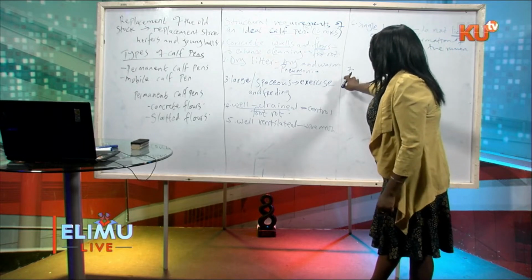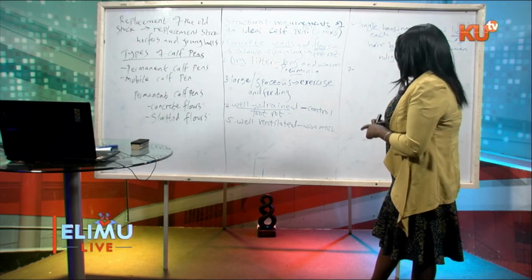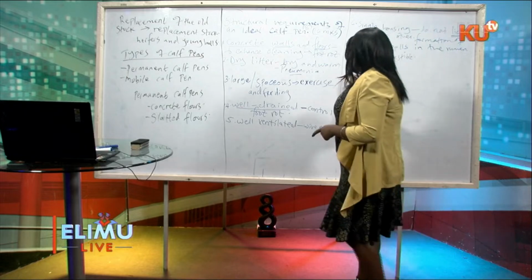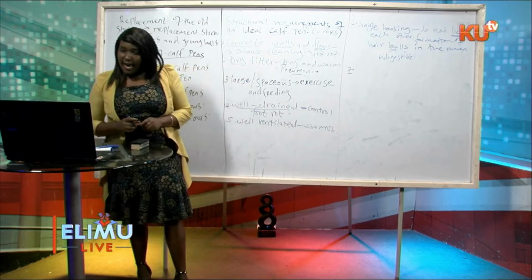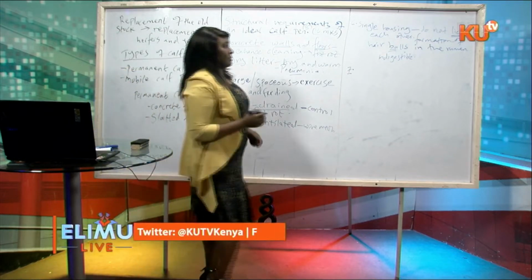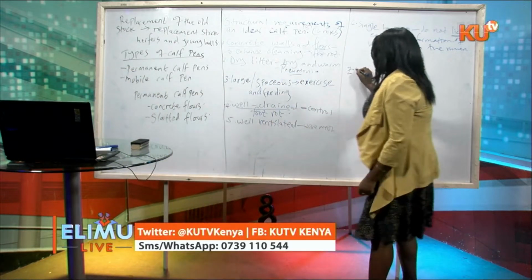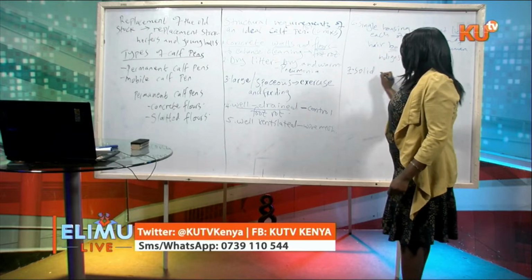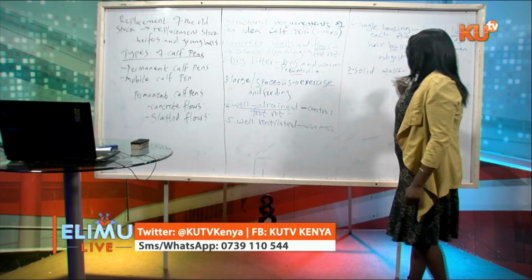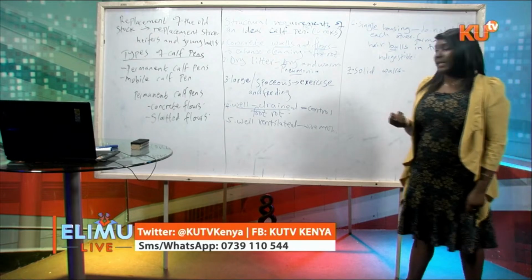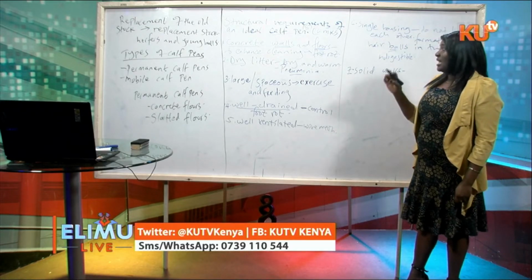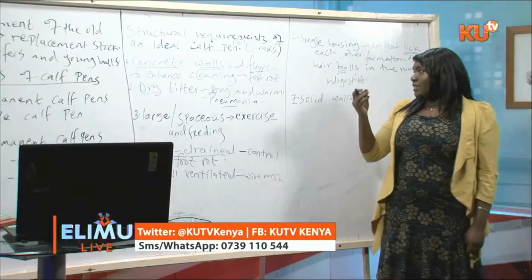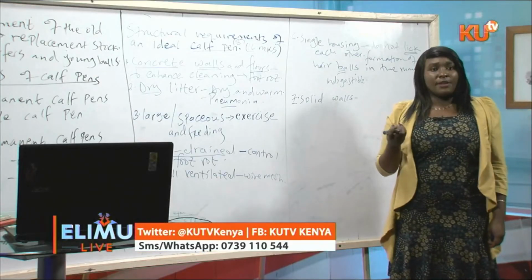Yeah, so point number 7 involves the idea of solid walls. When you're constructing a calf pen, ensure that the walls are solid, especially at the point where there's a lot of strong wind coming from.